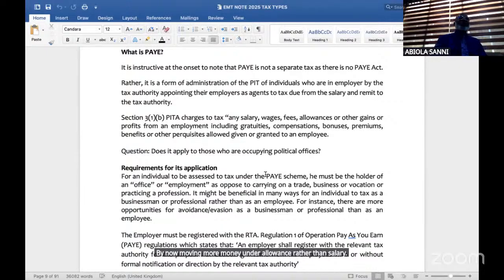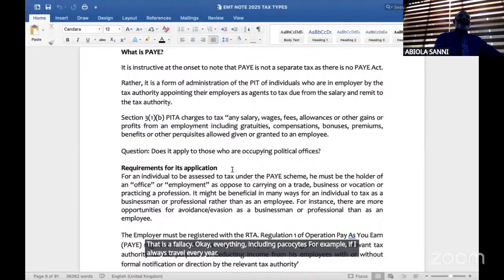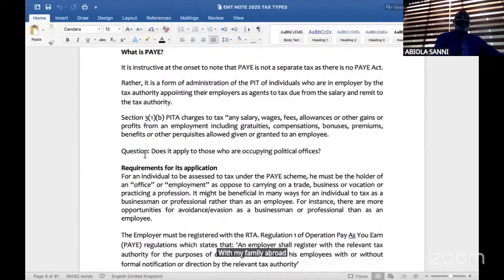Some people will say, oh no, it's only basic salary that is taxed. That is a fallacy. Everything, including perquisites. For example, if I travel every year with my family abroad, the tax authority will find out how much is incurred on all those things and attribute them to me as salary.